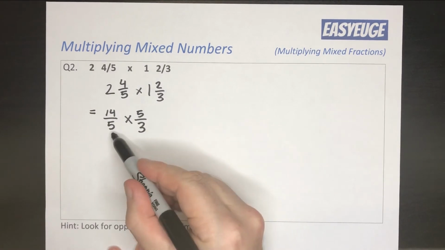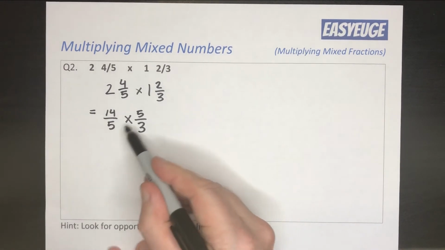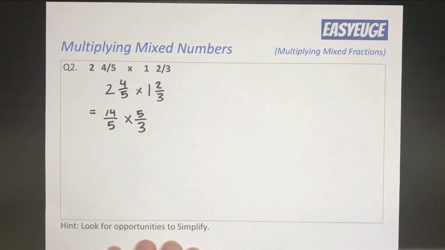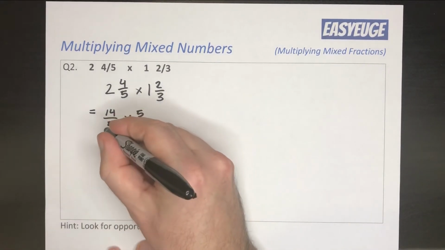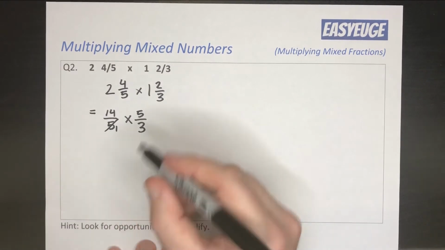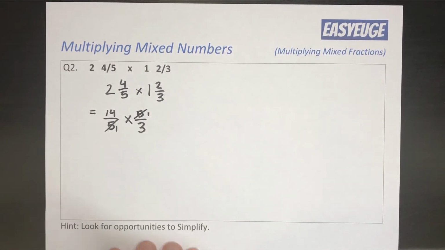What I can do now, I see that we have a 5 here and a 5 here. So they have a relationship. I could divide both of those by 5. So let's do that. Let's divide 5 by 5, and that'll turn into a 1. And we'll divide this 5 by 5, and that'll turn into a 1. So let's rewrite what this looks like.